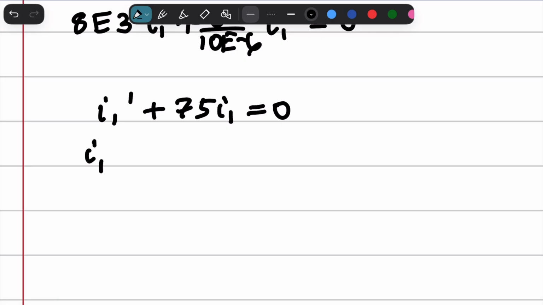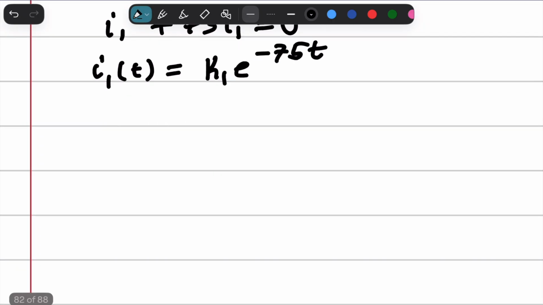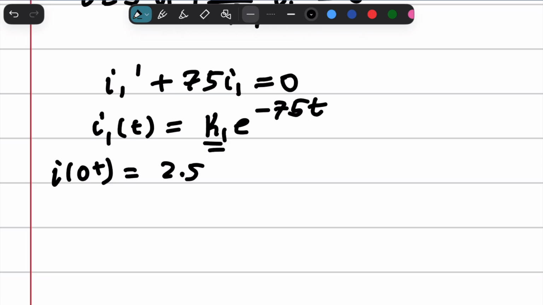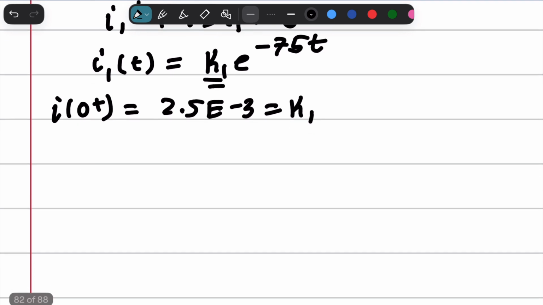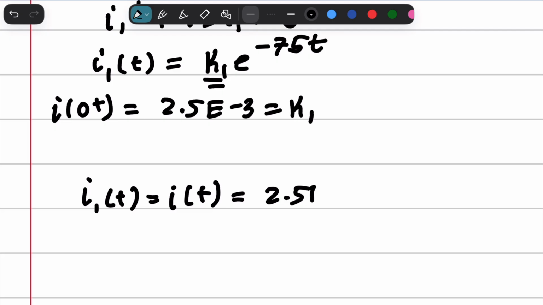And we get I1 of t is equal to K1 e to the negative 75 t. Let's solve for this initial condition. So I of 0 plus, for this constant right here, we found was 2.5 e negative 3, which is equal to K1. Boom, that's it. So I1 of t, which is also equal to I of t because that's what we're looking for, is equal to 2.5 e negative 3 e to the negative 75t.